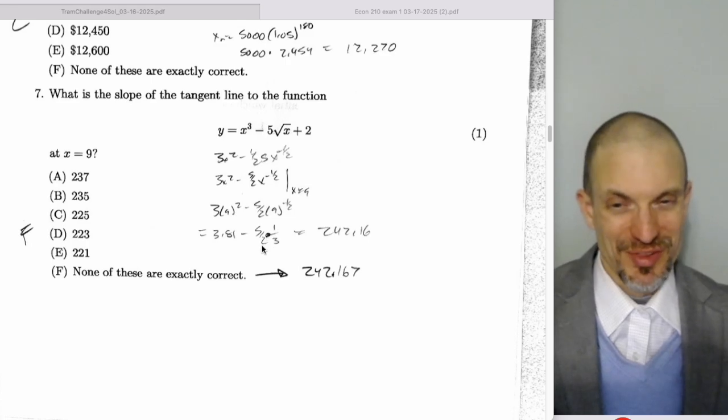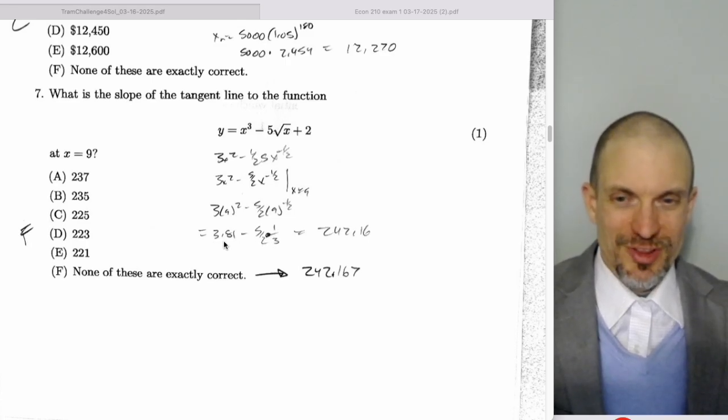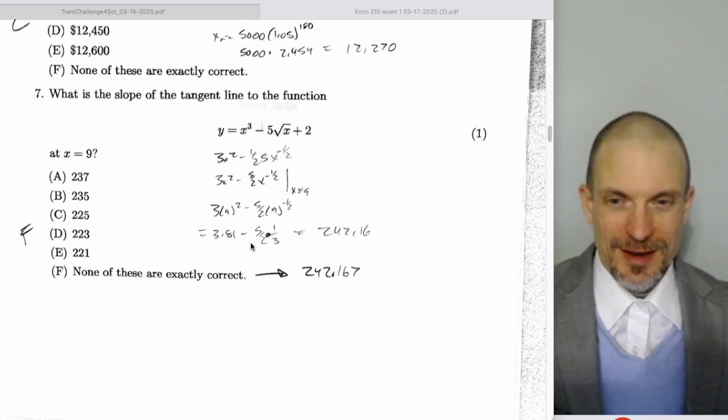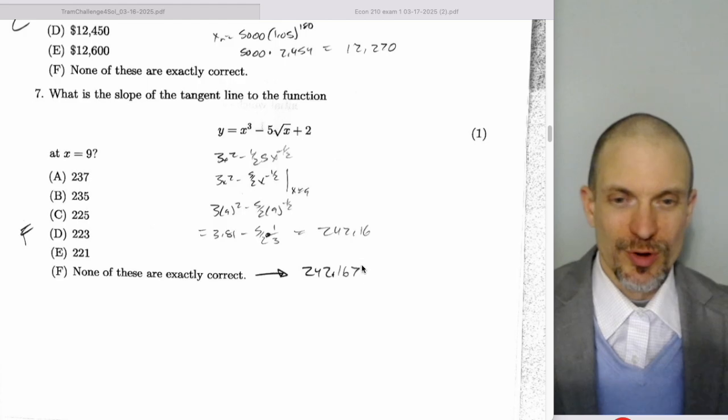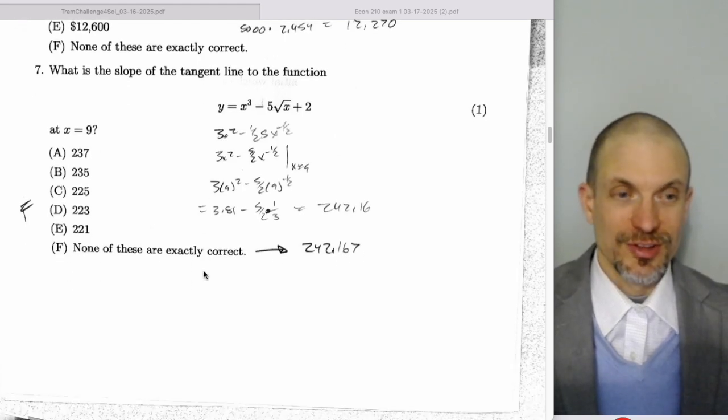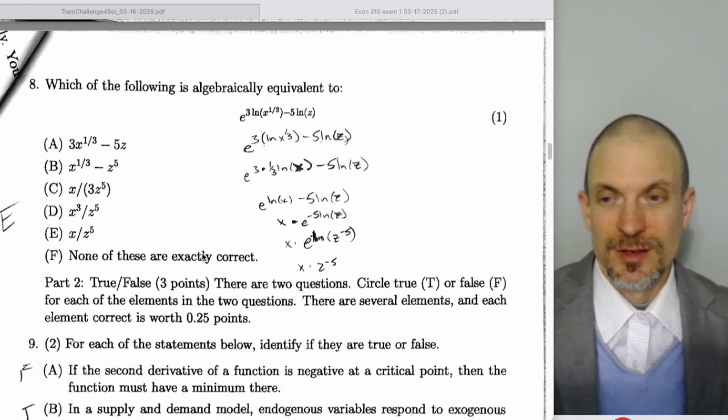So that's going to be 1 over 3. You get 3 times 81, and then minus 5 over 6. Okay, and that's going to give us 242.16, which is none of these. And so none of those are actually correct.